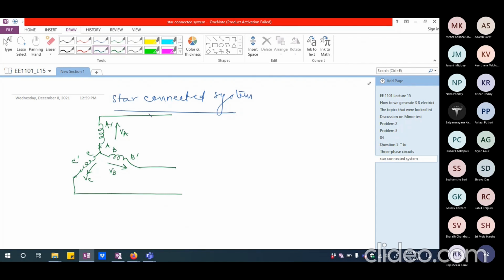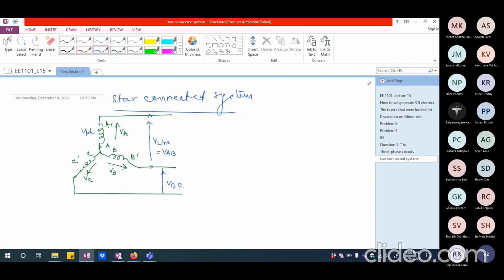Now if I look at the three lines here, what is the voltage between these two lines? This is generally known as the line voltage. And whatever is across one winding, we call that the phase voltage. For example, the voltage of line A with respect to line B, we call that VAB. Similarly, line B with respect to line C, we call VBC.